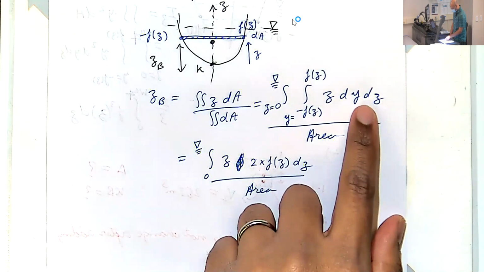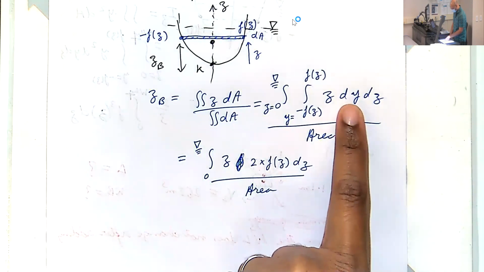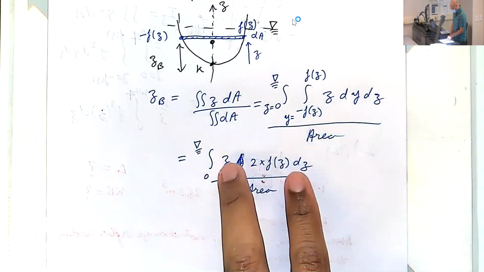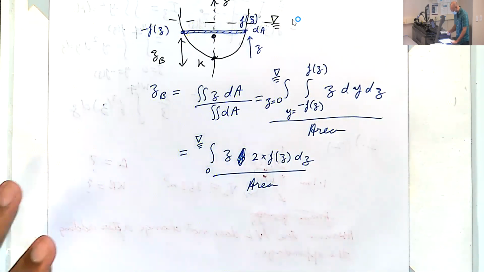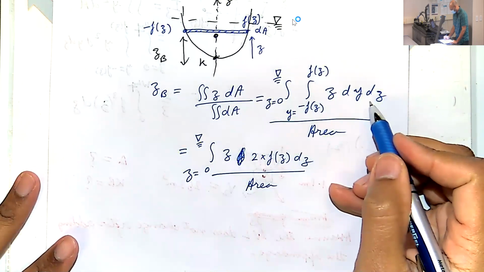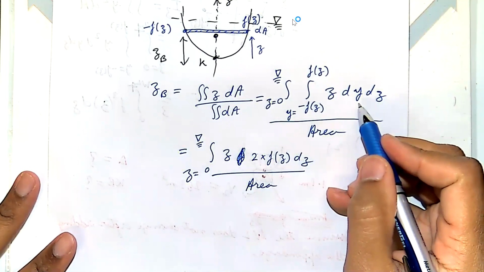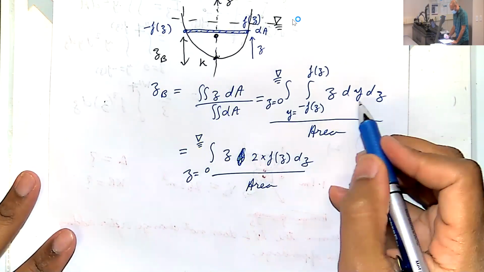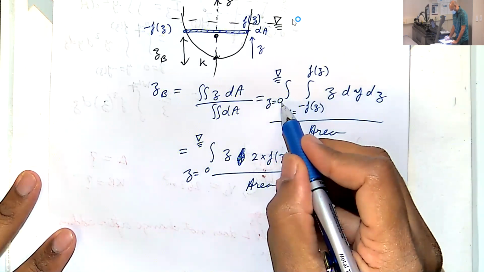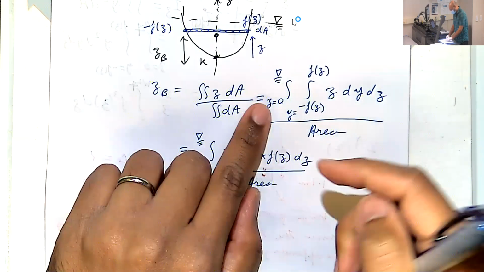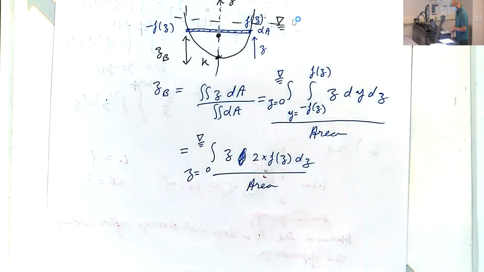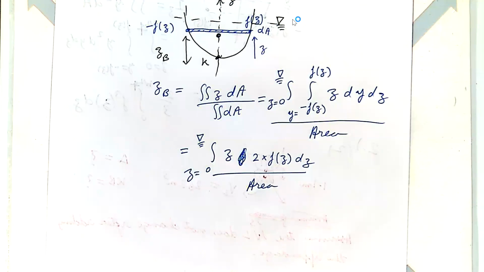I wanted to integrate in y first, so I've only integrated in y, not in z. But you're basically saying I should swap the dy and dz, correct? Yes, you can do that. It doesn't matter as long as you explicitly specify that the limits are z equals 0 to whatever. If I don't tell you z and y, then it becomes confusing. But if you have those, who cares?